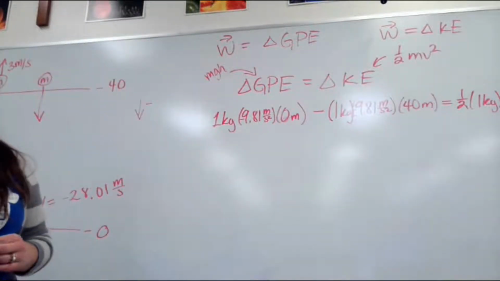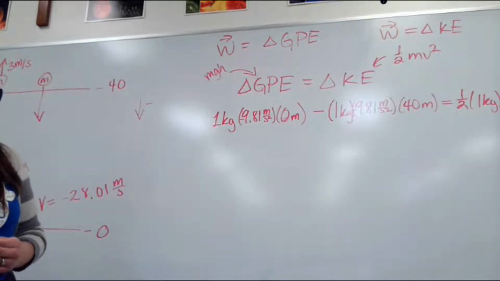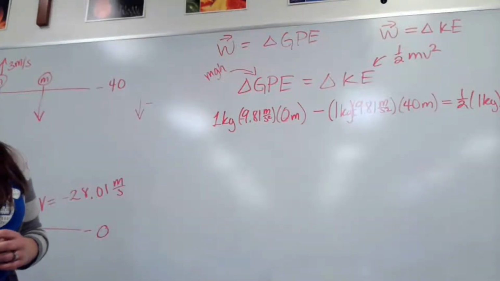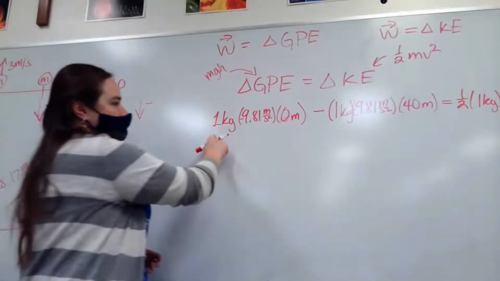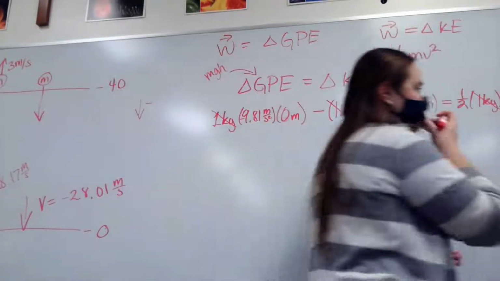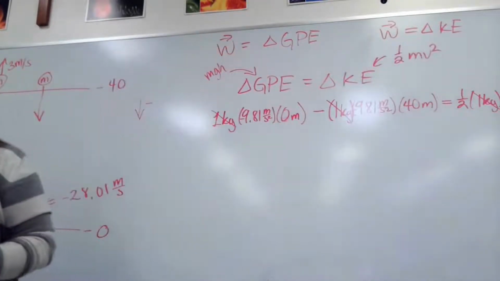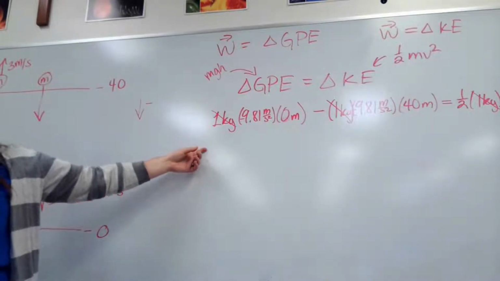Yes, you have to have the mass in there because you're multiplying everything by it. Actually, no, because it would cancel out. We can factor the mass out here, and we can factor the mass out here. So that is another thing that makes this a lot easier than what we were doing before.